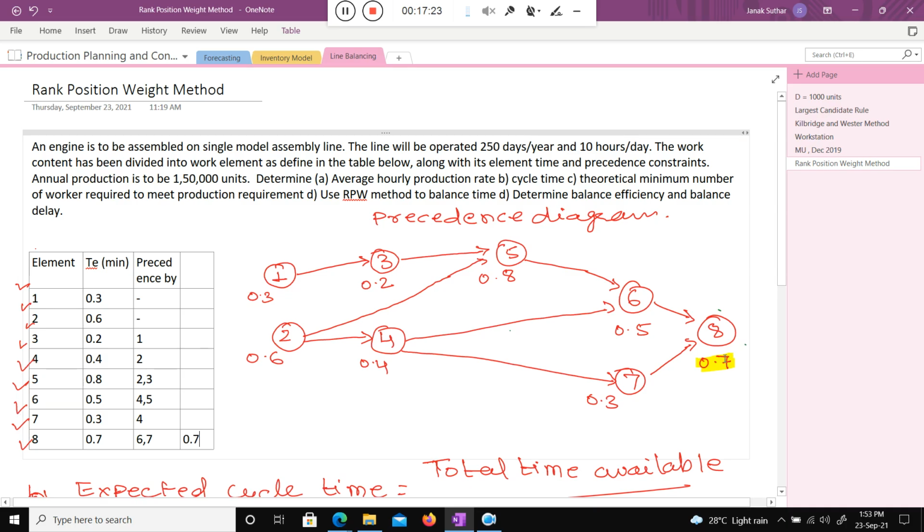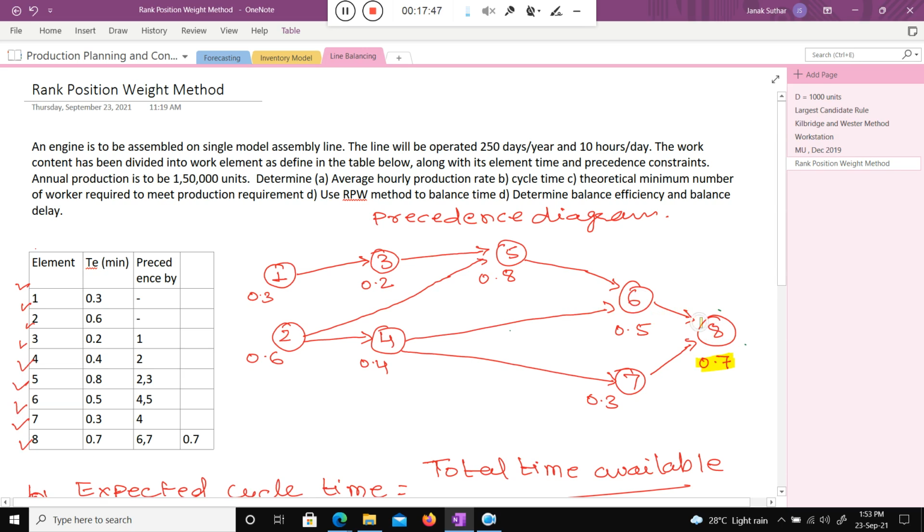Now the actual picture will become clear. When I talk about the weight of element 6, how will you go from 6 to the end element of that precedence diagram? The end element of this precedence diagram is 8. What is the process to go from 6 to 8?